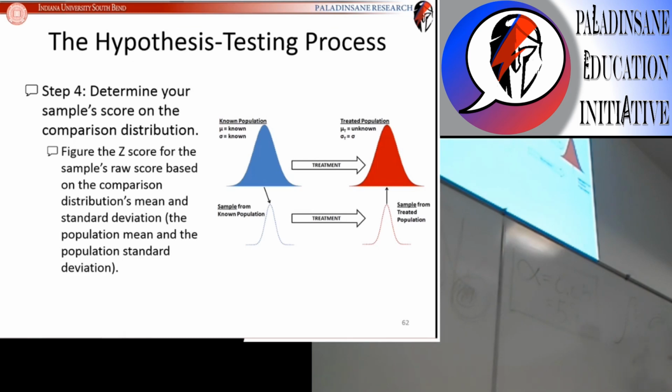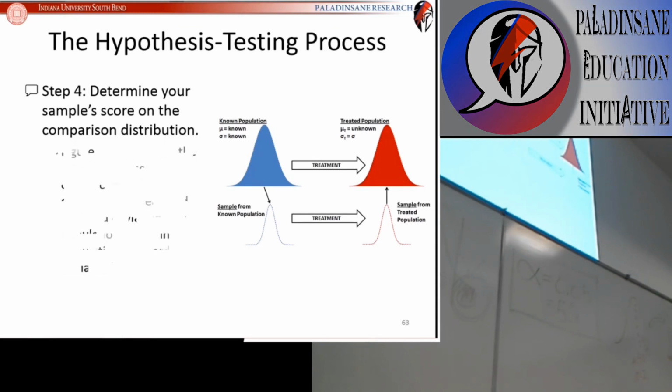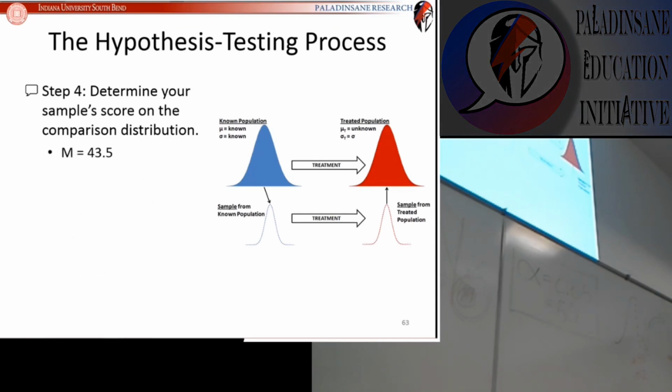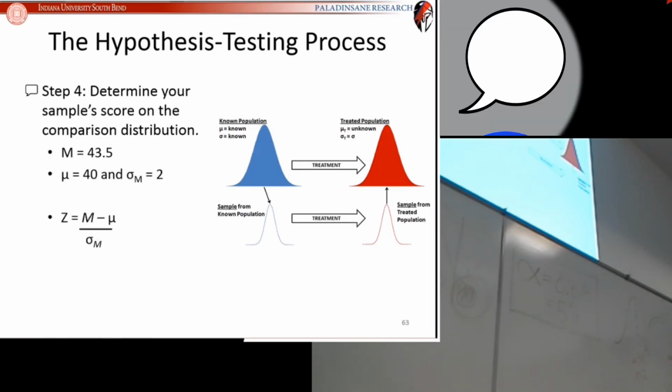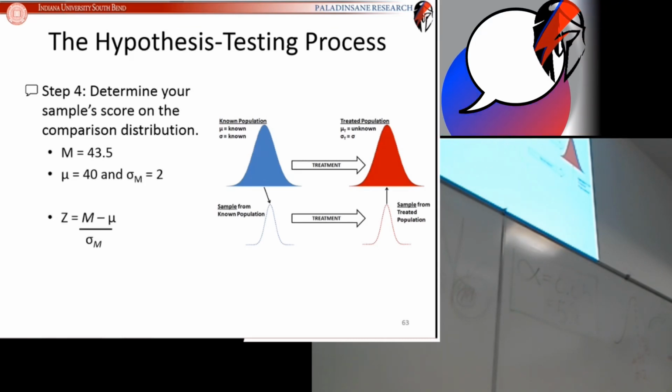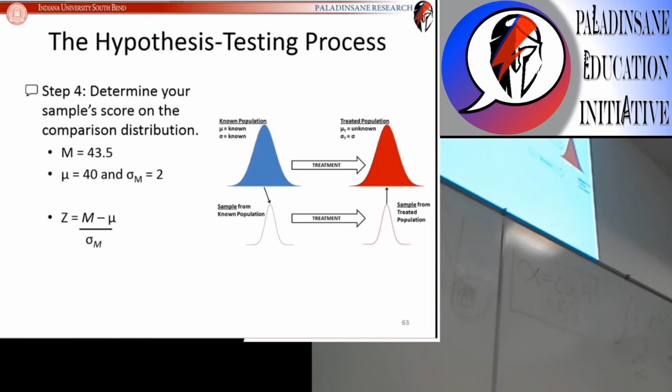So all that work we were doing on Z-scores is going to pay off right now because hopefully we're practiced enough to remember that's the information we need. That's your formula for the Z-score. So we take the mean of our sample, 43.5, subtract the mean of our comparison distribution, divided by the standard deviation of our comparison distribution, and we end up with a Z-score of 1.75. So this 43.5 was transformed into a Z-score of 1.75.